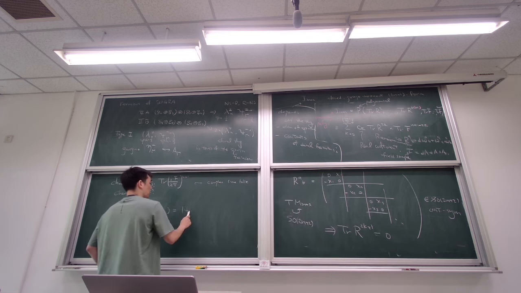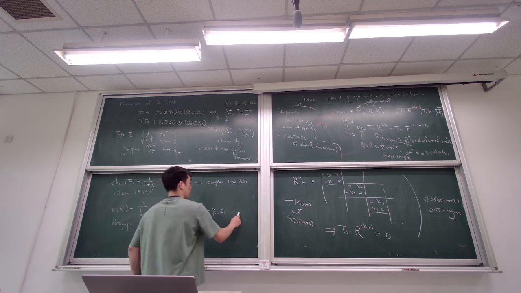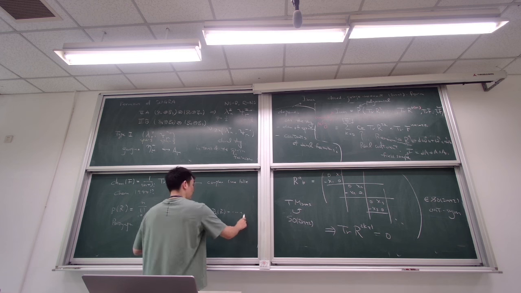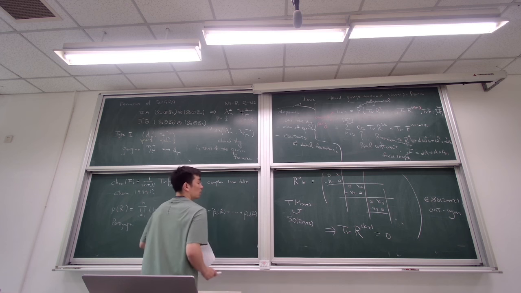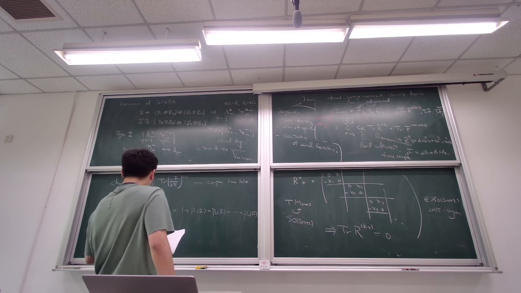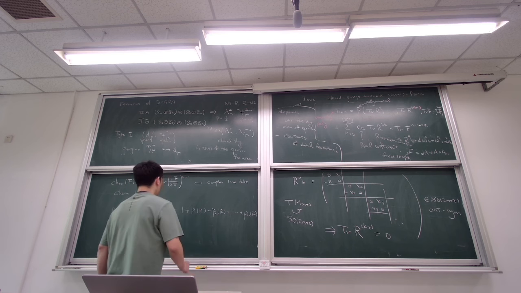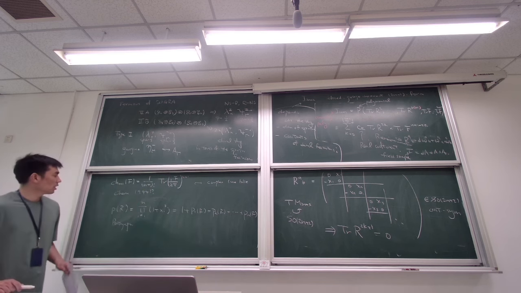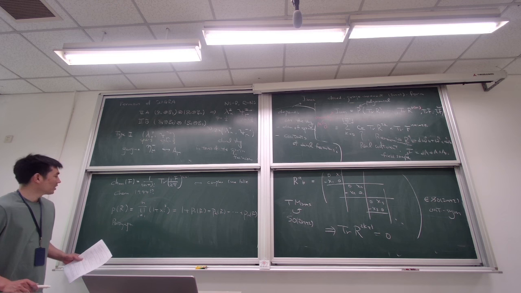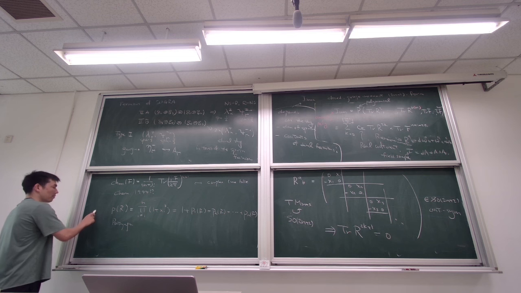This can be written as 1 plus P1(R) plus P2(R) and so on, up to Pn(R). The notation is not so good dimensionally. Anyway, this is for the four-dimensional manifold.